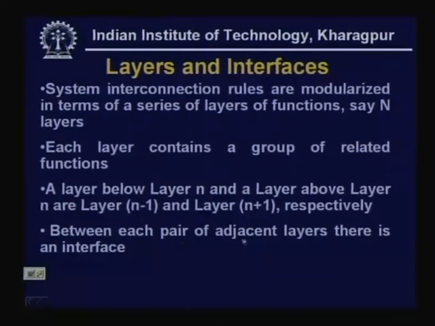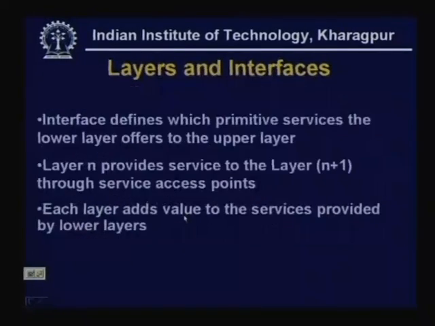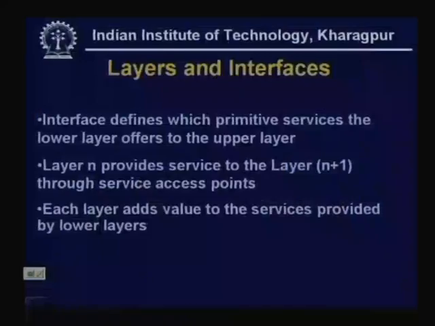Then between each pair of adjacent layers there is an interface, as I was telling, and the interface will define which primitive services the lower layer offers to the upper layers. As we shall see, a lower layer will provide service to the upper layers. That means the lower layer is a service provider and an upper layer is a service user, and layer n provides service to layer n plus 1 through service access points.